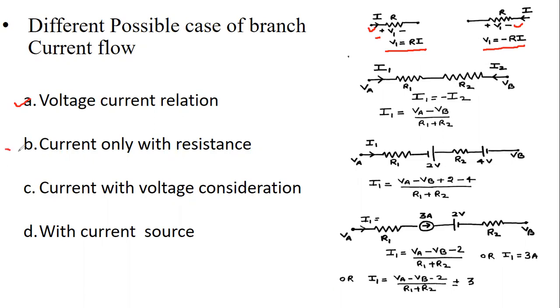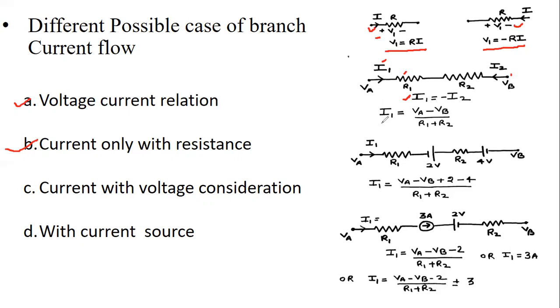Second point is current with only resistance. If between the branch only resistance is given, here we have represented the currents I1 and I2. There is only a single current in a branch, either I1 from A to B or I2 from B to A. So the relation between I1 and I2 is I1 equals minus I2.